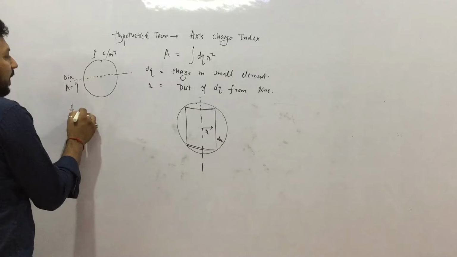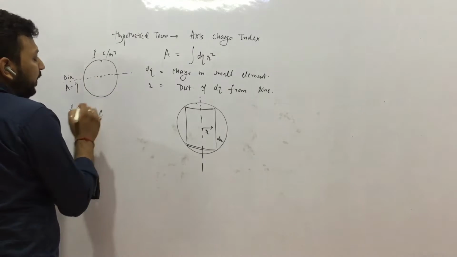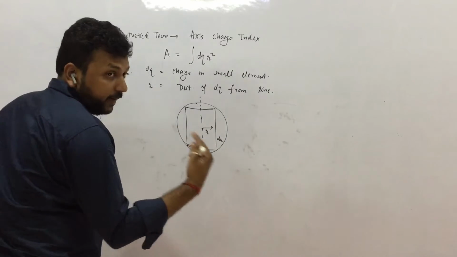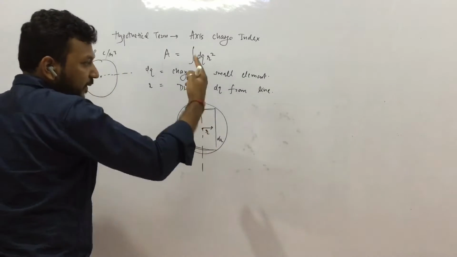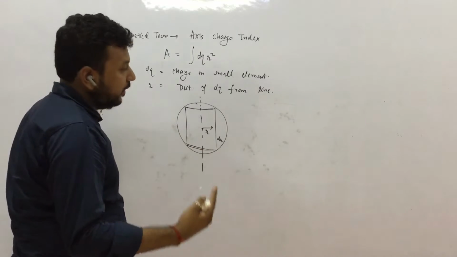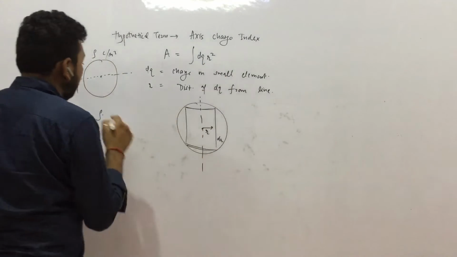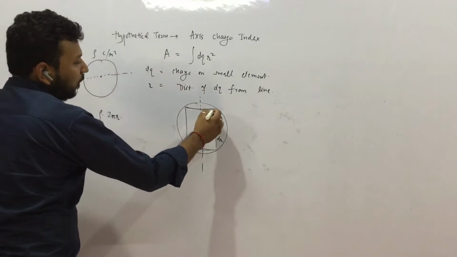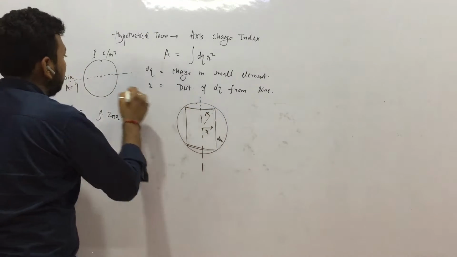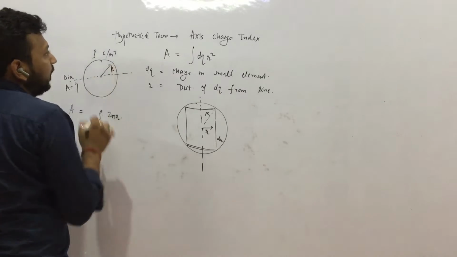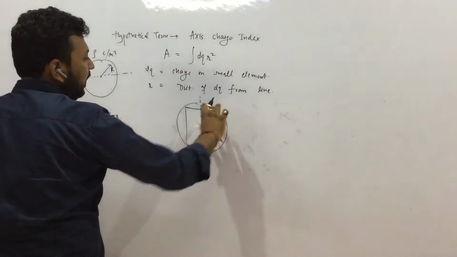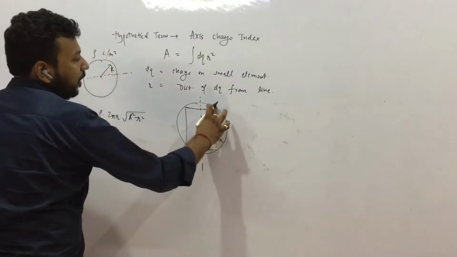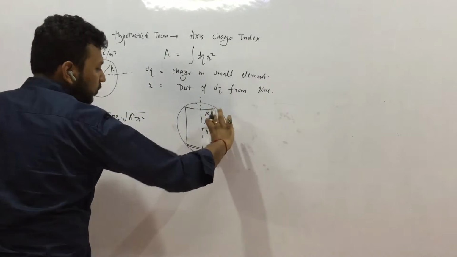We can write A is equal to integration of dq r square. dq is how much? Rho into the volume. Volume is 2 pi r into length, the area, into thickness dr. Length is how much? If capital R is the radius of the sphere and this is small r, then the length becomes the square root of R square minus r square, and twice of this.